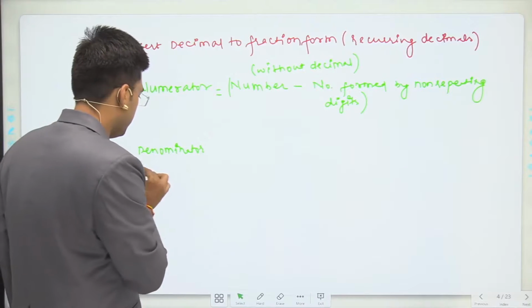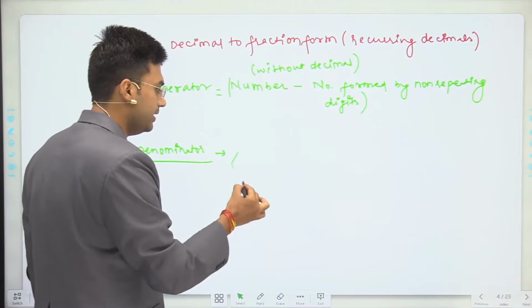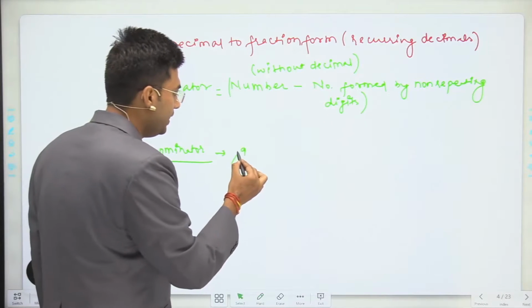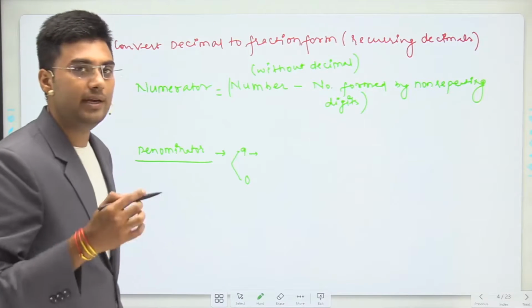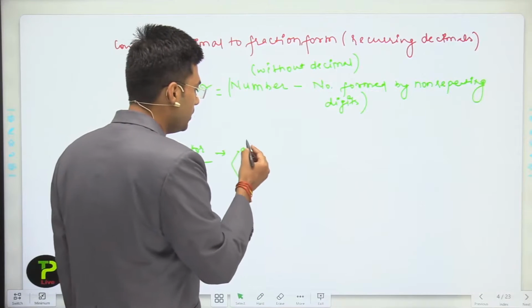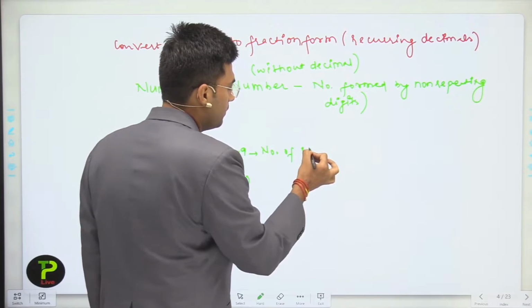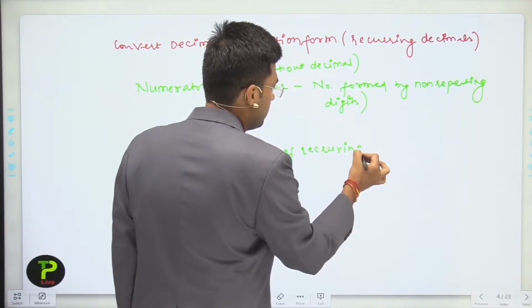Now what is in the denominator? In the denominator we have two digits, one is 9 and the other is 0. How many 9s occur in the denominator? It depends upon how many digits are recurring. So the number of 9s is equal to the number of recurring digits.